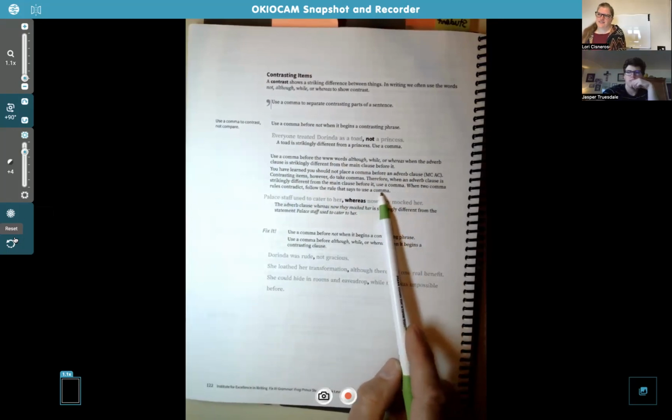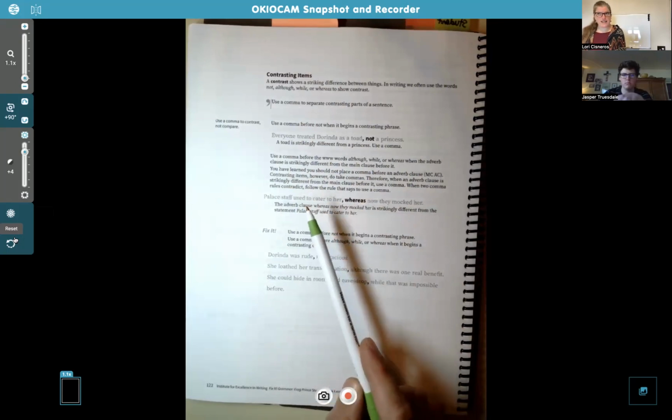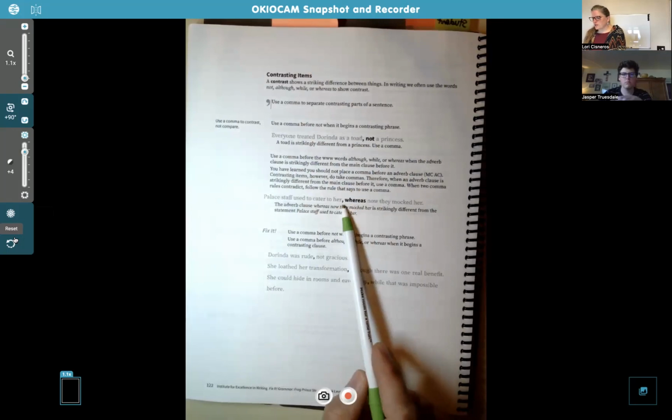Yeah, so trying to remember the comma rules gets a little crazy, but I guess if you just notice that it's comparing, or it has two parts that are extremely different or strikingly different, then that's when you know to use the comma.